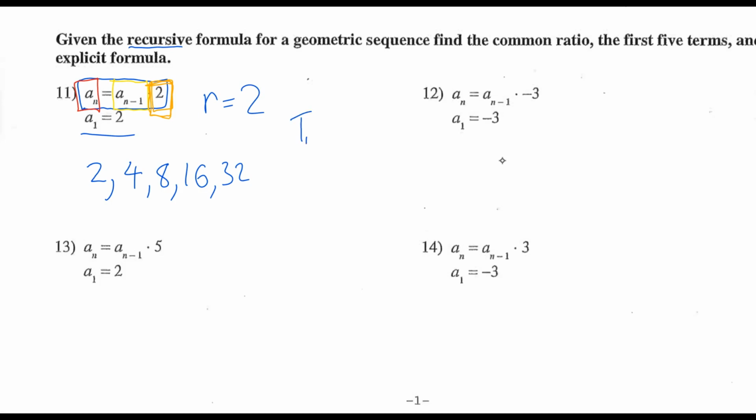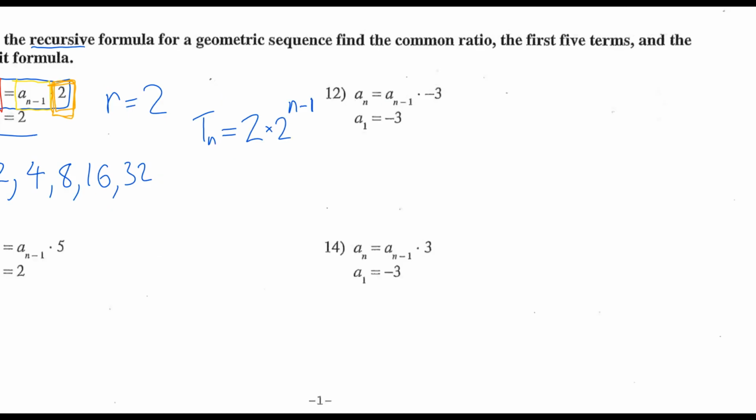So Tn, the term in the sequence, equals 2, our first number, times 2, our second number, to the n minus 1. And we're done.